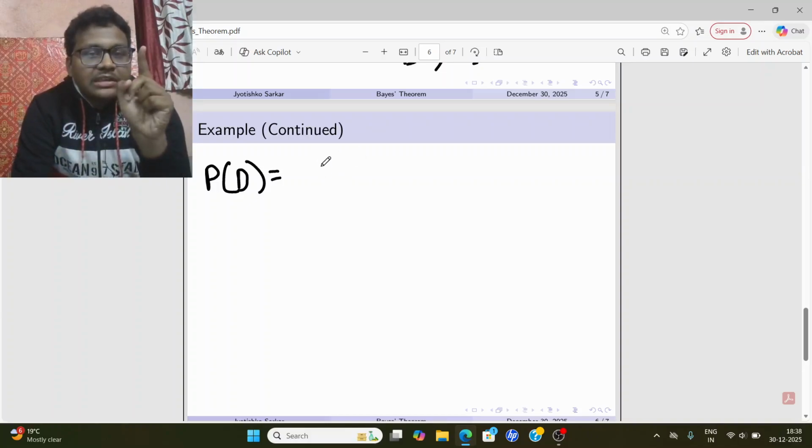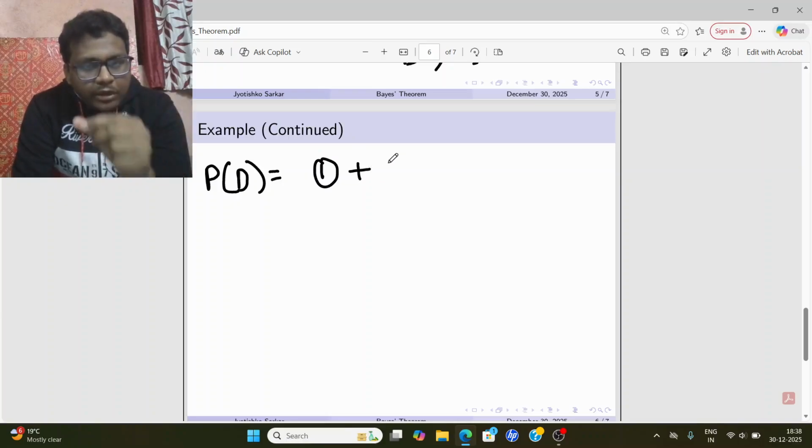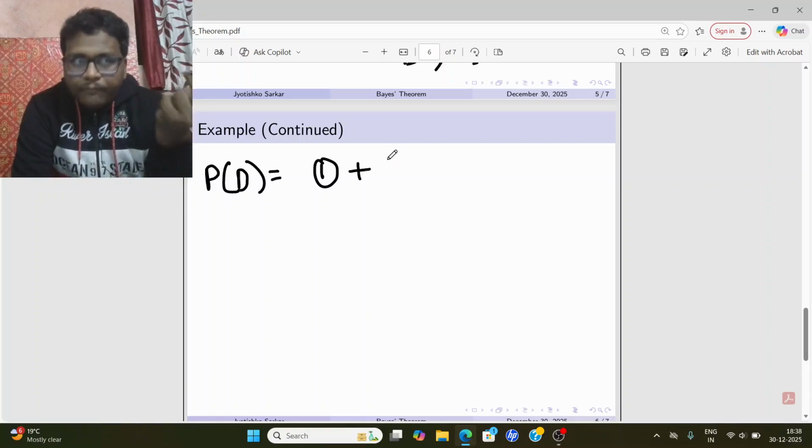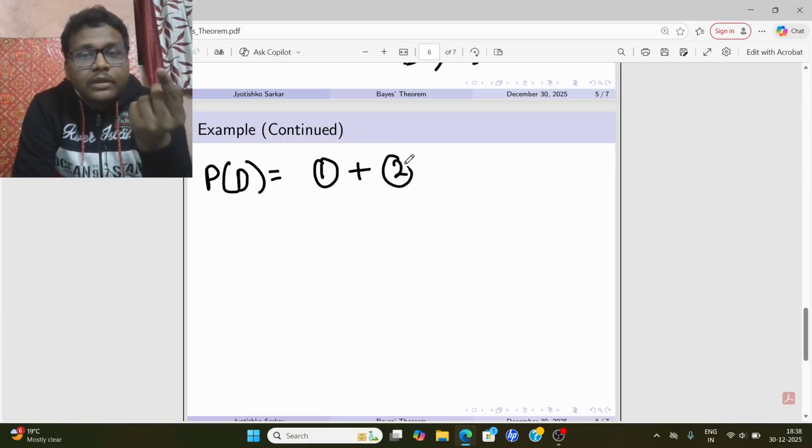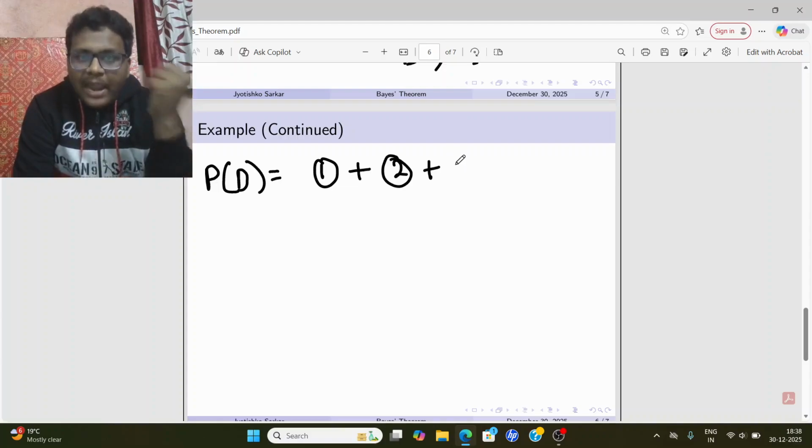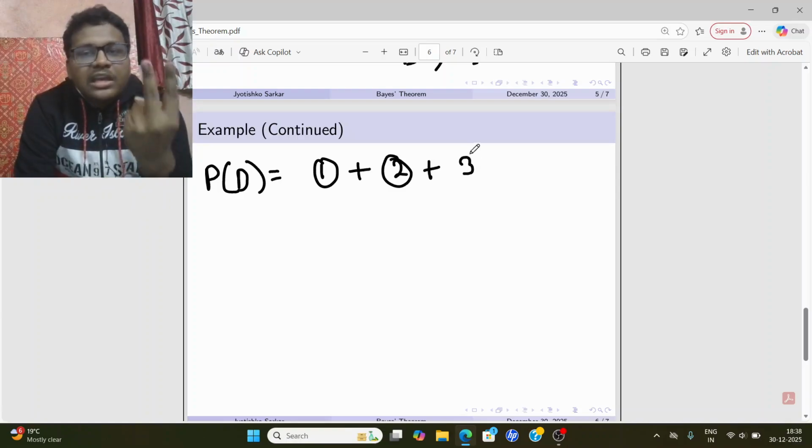Second case will be that the bulb is produced in factory B and it is defective. And what will be the third case? Third case is that the picked bulb was manufactured in factory C and it is defective. So there are three cases of a bulb becoming defective.